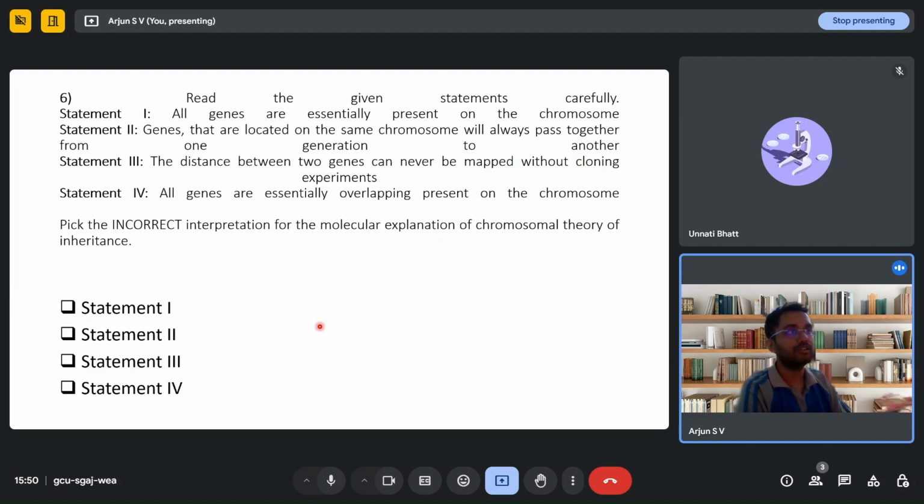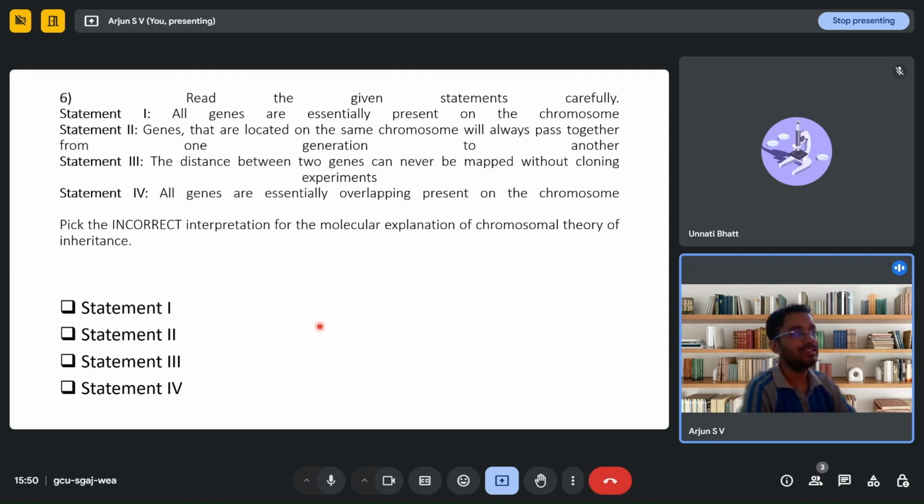So question number 6. Read the given statements carefully. So it's an entirely theoretical question. Statement 1 is all the genes are essentially present on the chromosome, which is a true statement.